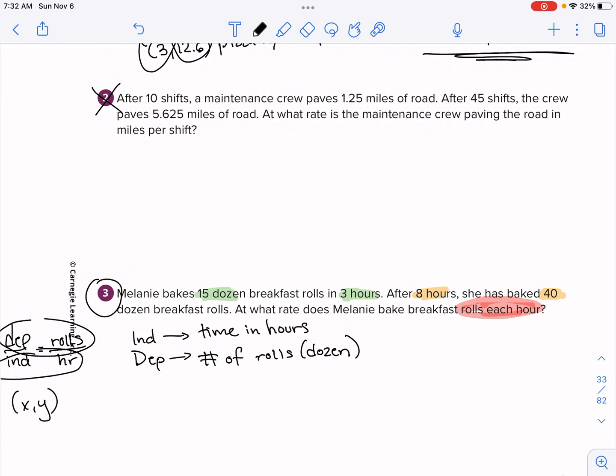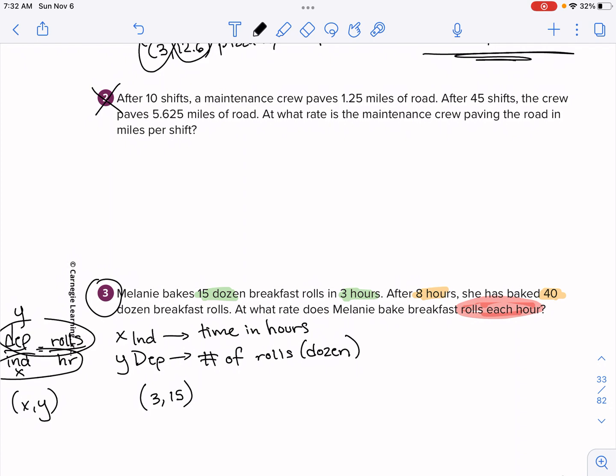It's always x comma y. We know that the independent variable is x and the dependent variable is y, just because it's always y over x. So we're going to have time be the x variable. So time in that case is 3 hours. And then 15 dozen, we'll just put 15, right, for the y variable.